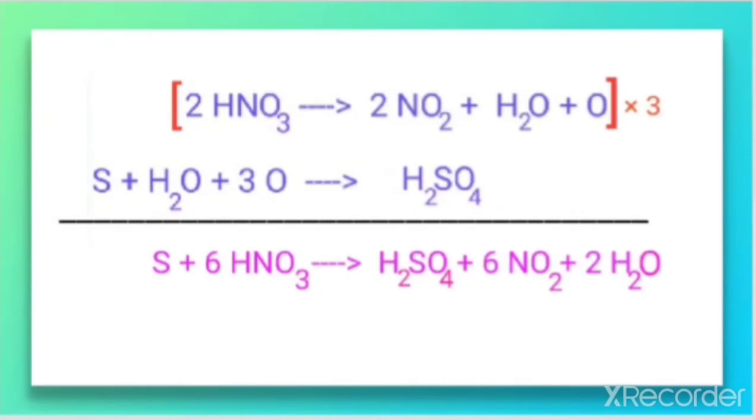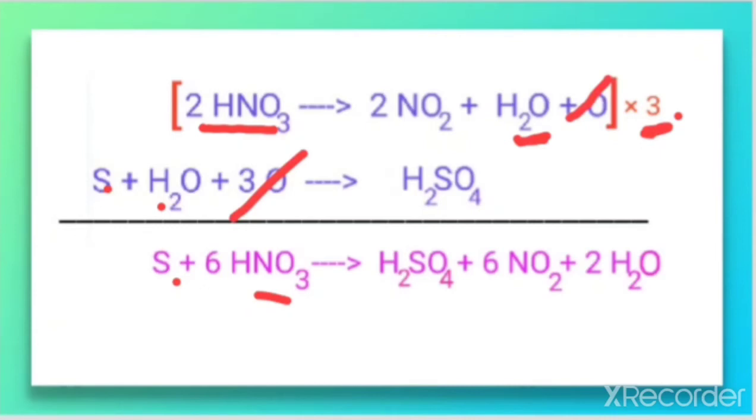Now look here, this is the sulfur. Here twice HNO3, but 3 is there, so 6 HNO3. And here thrice oxygen cancels. Here one water is there, but in the first equation thrice water, because 3 into H2O, thrice water.